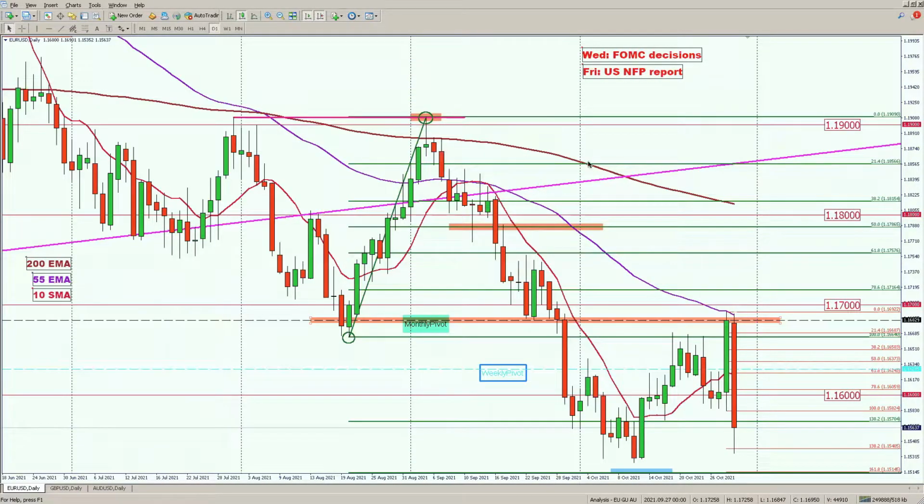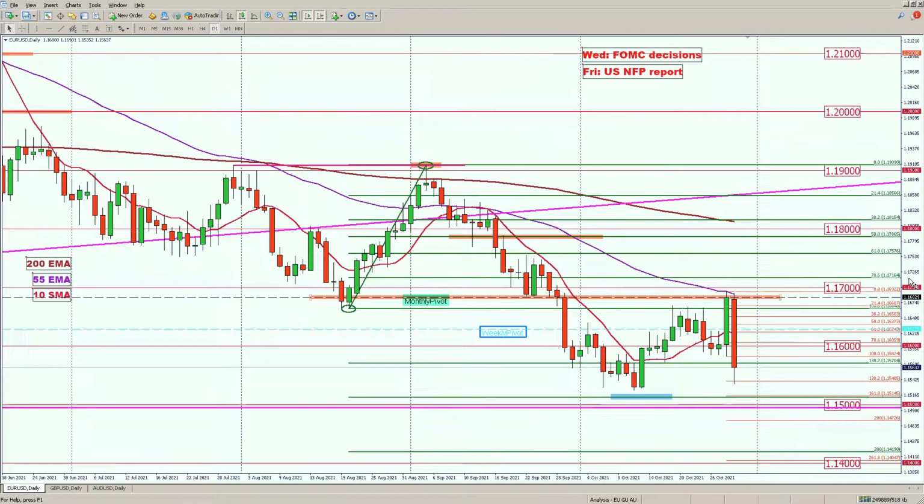Let's go back to the daily time frame. So yeah, this area is going to be a strong support area.